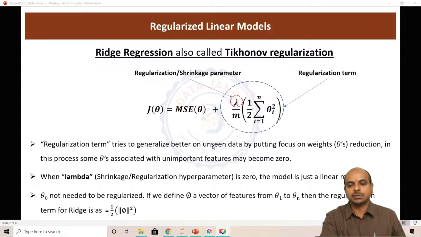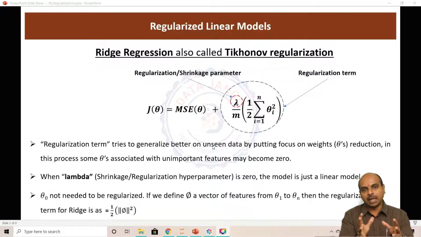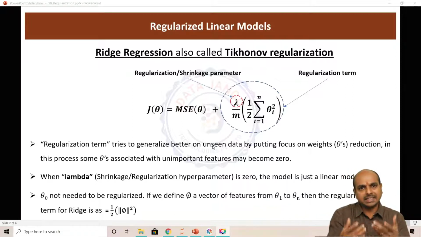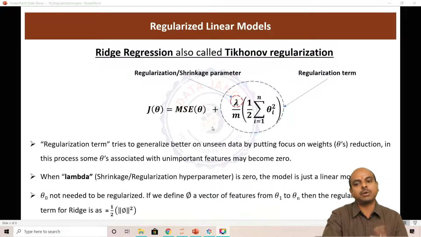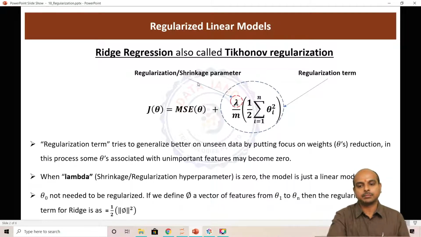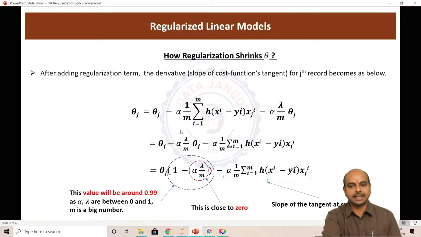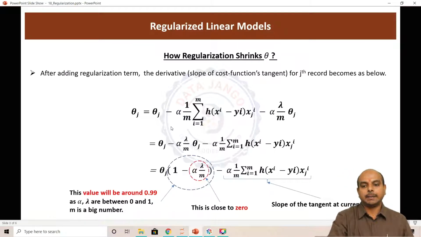Okay, so how is it exactly working? In layman's terminology I explained so far. Let us see the math equation and try to understand how it's working. So if you look at this equation, this is actually the derivative.